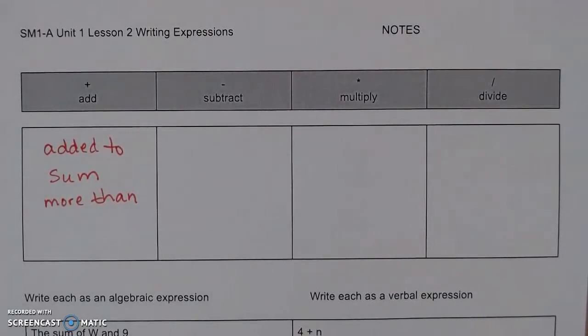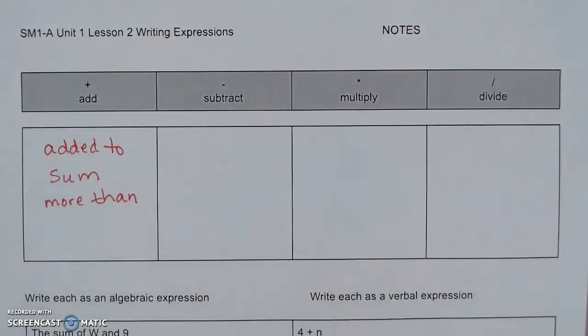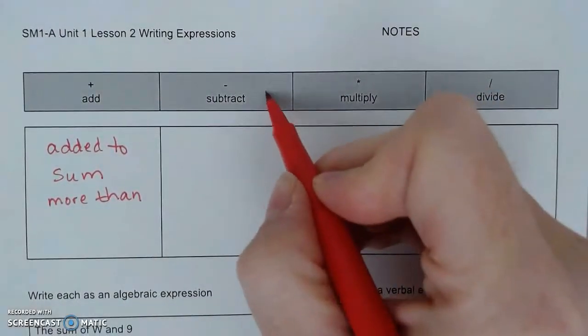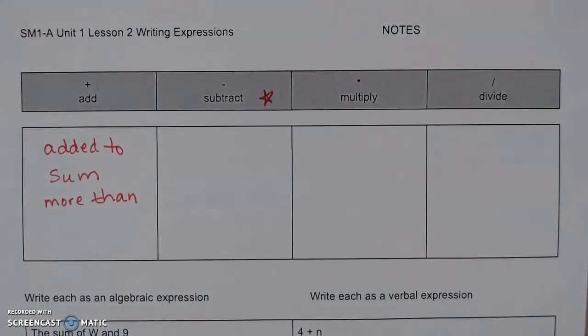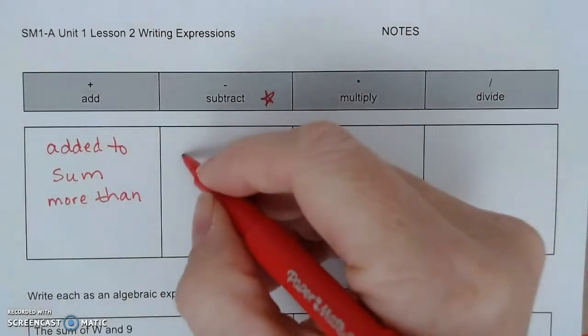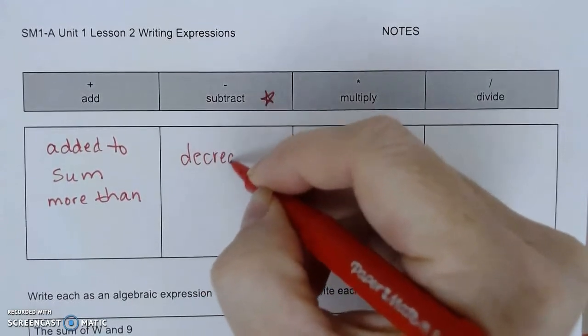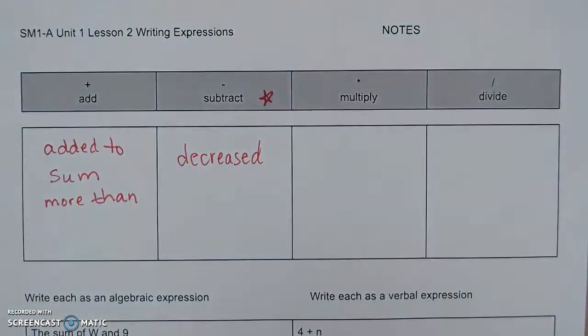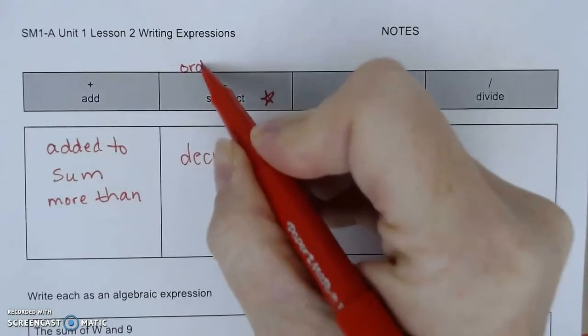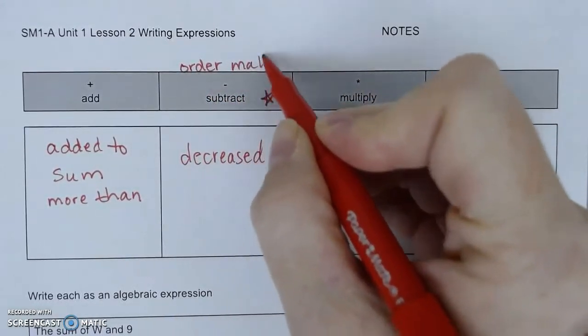And then there's other words. How about for subtract? Some people reverse the order, so I'm going to put a little asterisk there to be careful. For subtract, they might say decreased, and order does matter with subtract, so I'm going to say order matters.